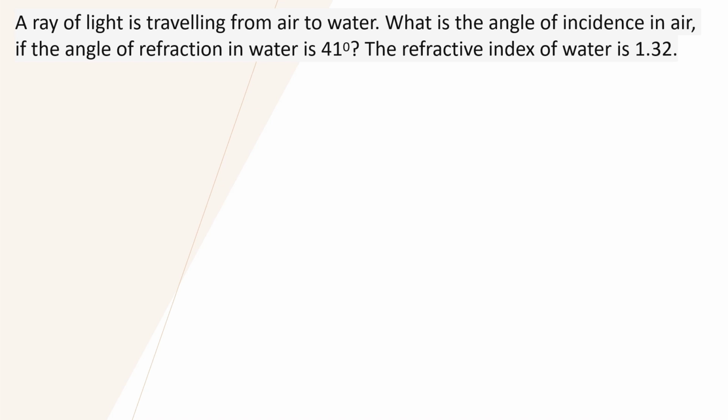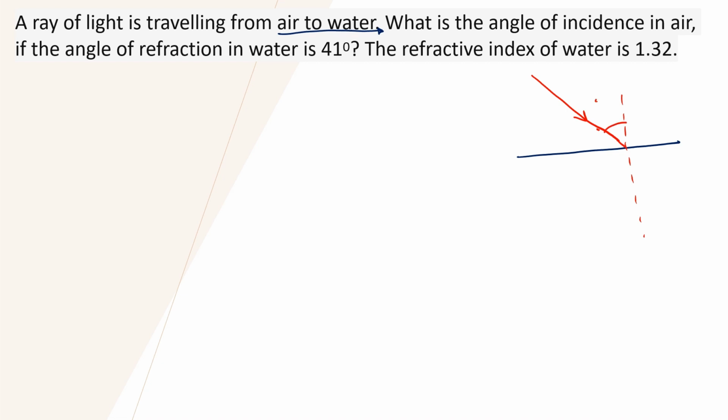Number 1, light is traveling from air to water. Okay, so let me draw. This is the interface. Say this is the light. All lines are straight. This is the normal.